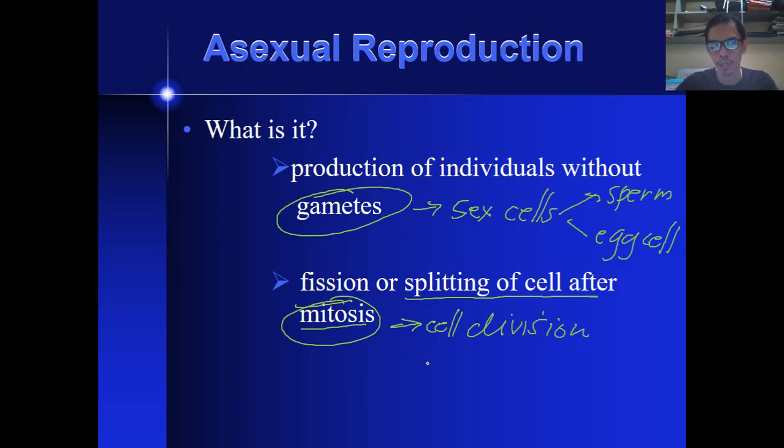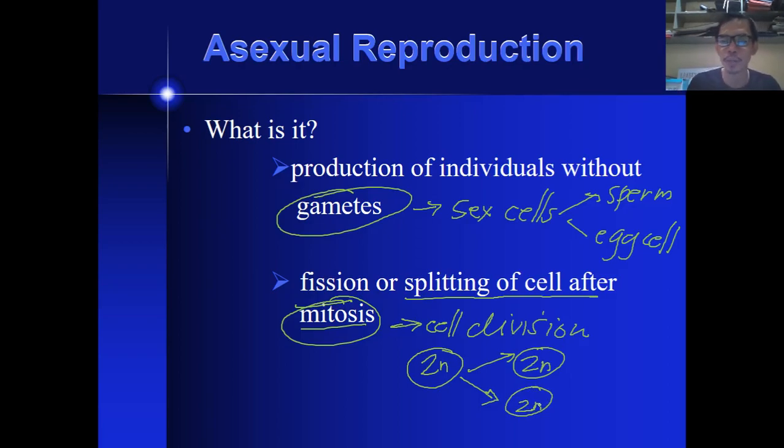Let me put it this way. If the parent is diploid and it undergoes mitosis, it will produce a daughter cell that is still diploid. So that is mitosis.